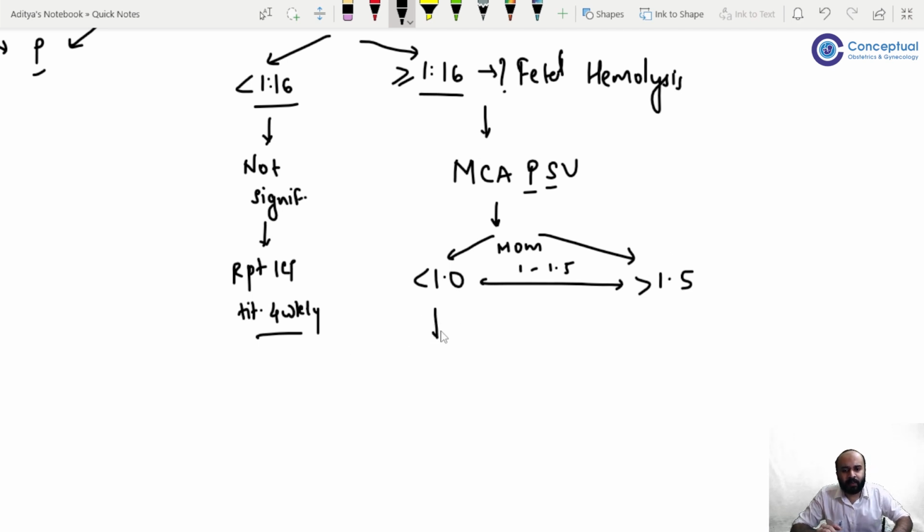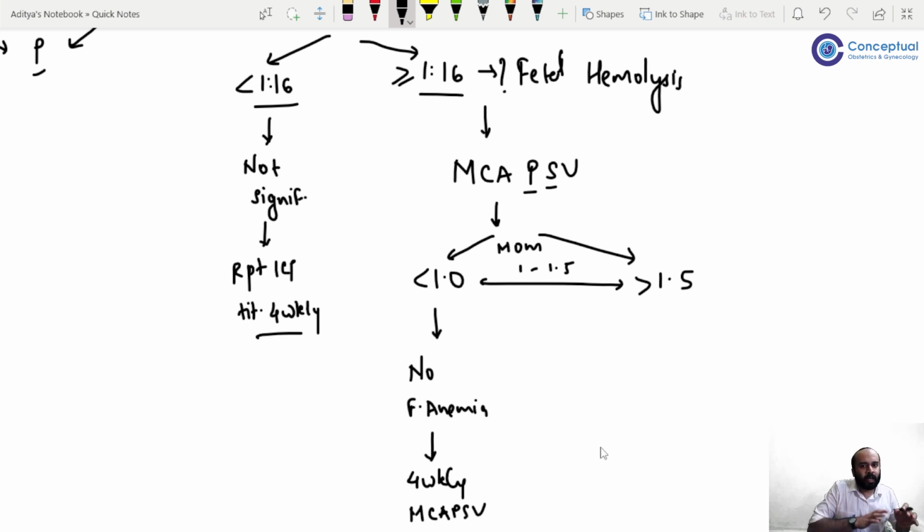If it is less than 1, then I can be assured that there is no fetal anemia. So I just ask this female to come back after 4 weeks for a 4-weekly MCA PSV. I don't test the ICT again, because once I get a titer of 1:16 or more, I have to understand that the baby is now at risk of fetal hemolysis.